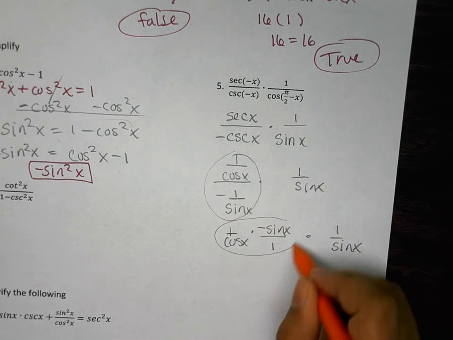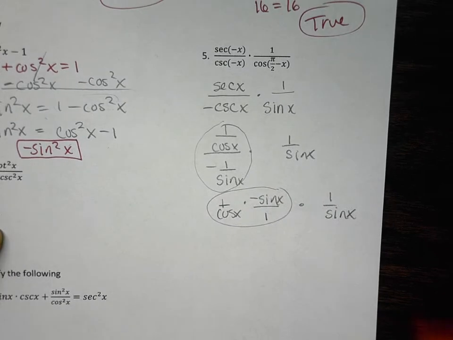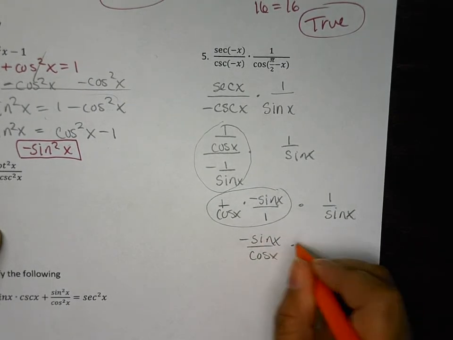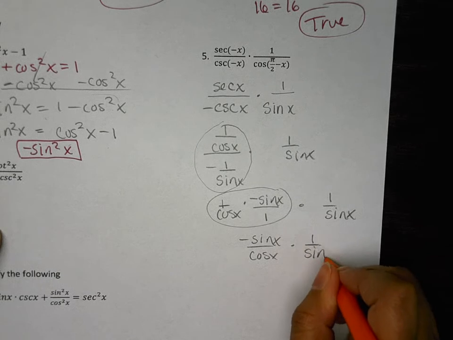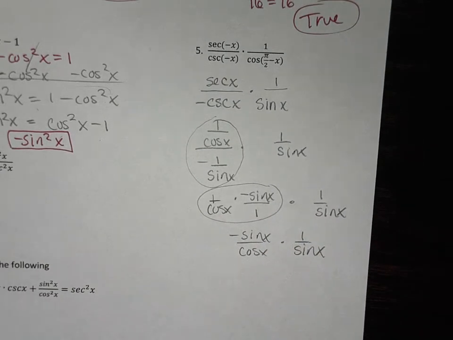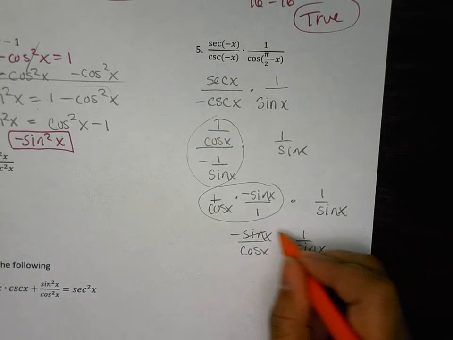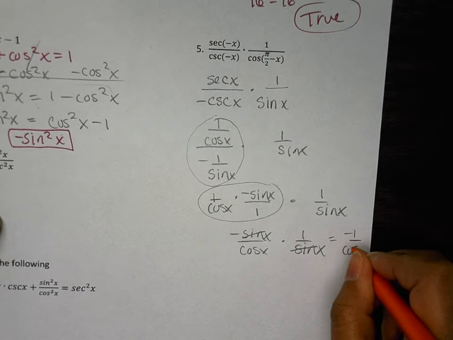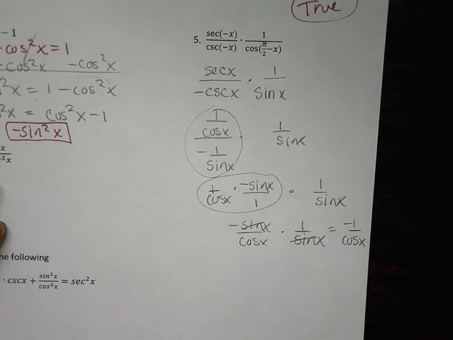Can I combine this into one fraction? Negative sine x over cosine x times 1 over sine x. We're getting a little better here. What's going to happen next? Will they reduce? Now, if you leave on the test negative 1 over cosine x, what did I tell you is going to happen?